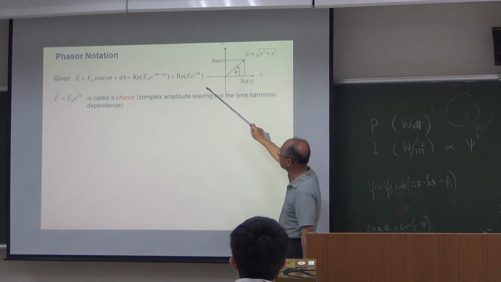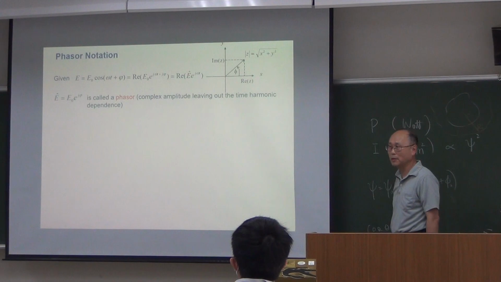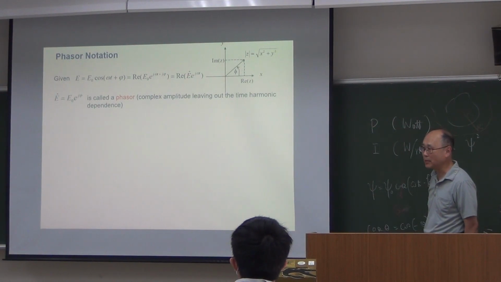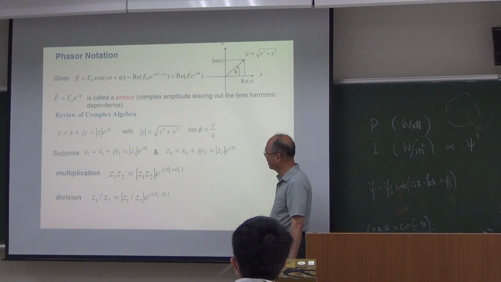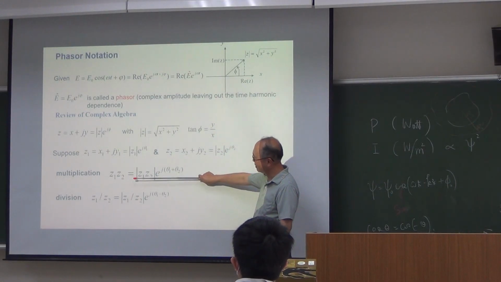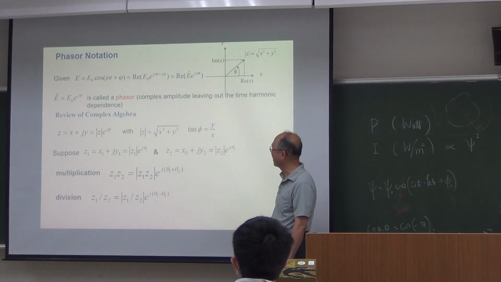This angle is exactly this angle. So this is the basic engineering mathematics you learned before. Okay. And with this, you knew also the summation and subtraction, multiplication, and division. And you just follow the rule to do the calculation.